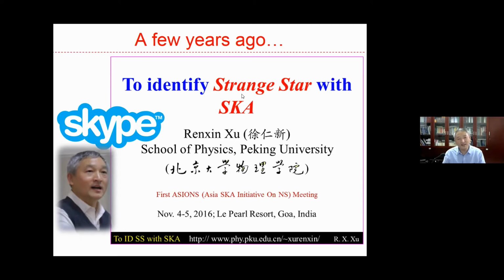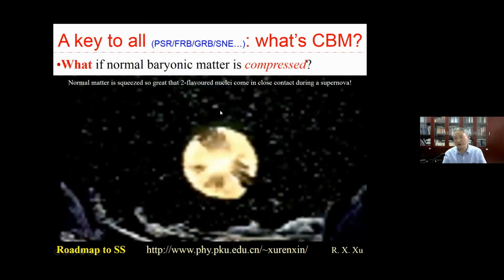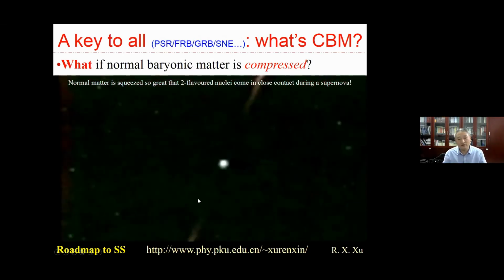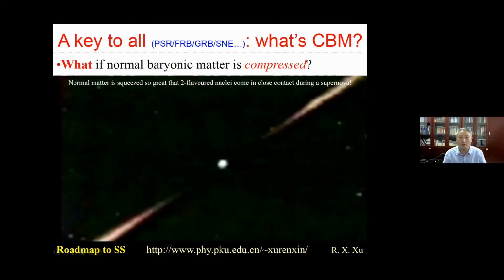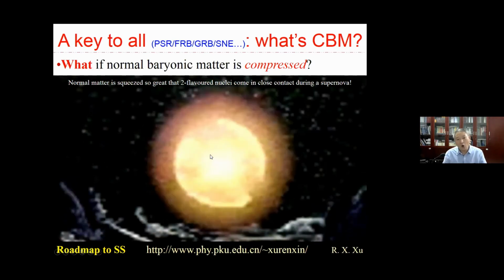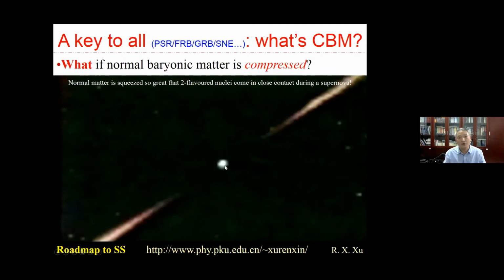Actually, both the talk a few years ago and the talk today are related to compact stars. This is a very big problem. You know, for an evolved massive star, the core of the star becomes unable to release nuclear energy.